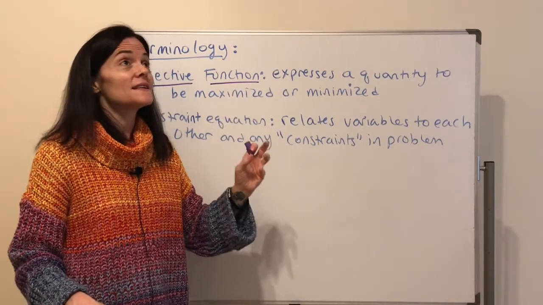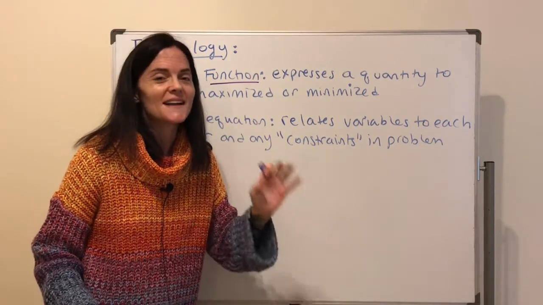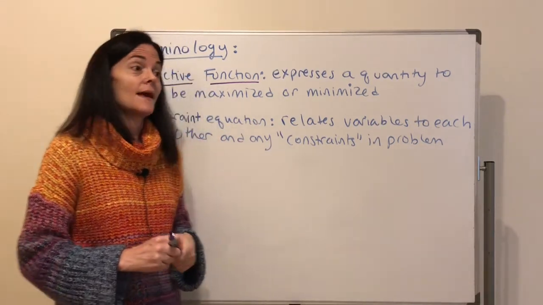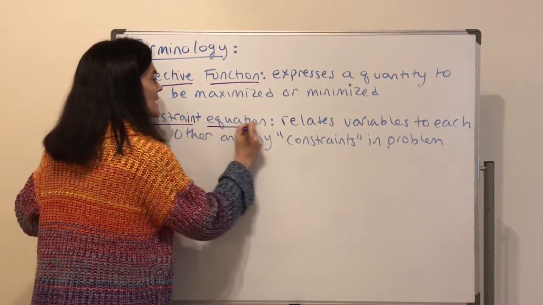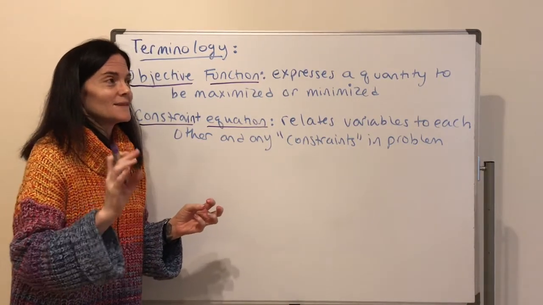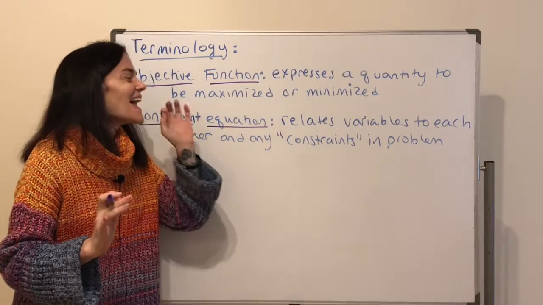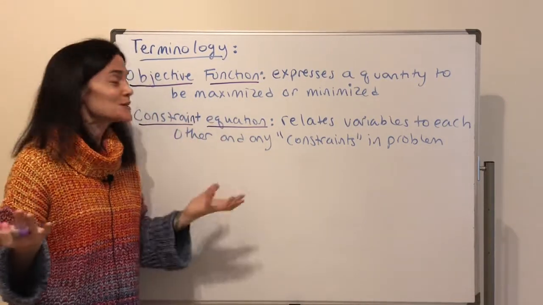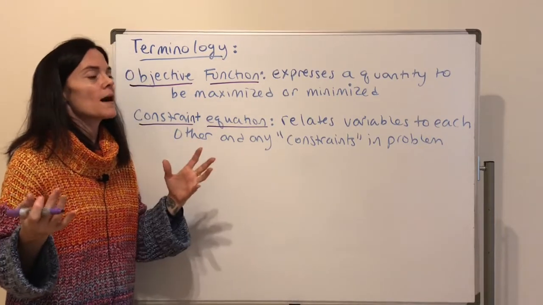And quite often, typically the objective function has more than one variable in it. Then we also have what is called a constraint equation. This is an equation. It's something equals a number, okay? And it relates the variables to each other and any constraints in the problem.